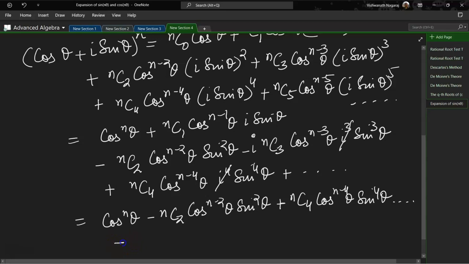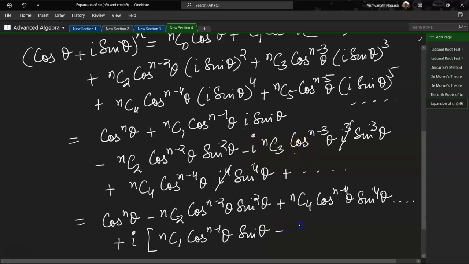Then I take plus, and I take i common out. So what will I be left with? Here I have i. So nC1 cos^(n minus 1) theta sine theta. Then where else do I have i? I have i here.